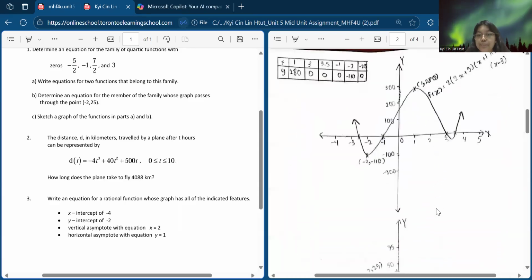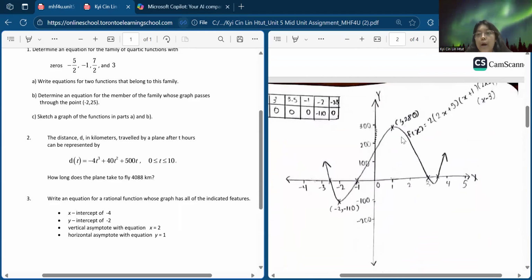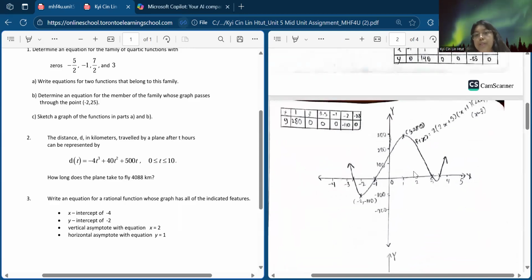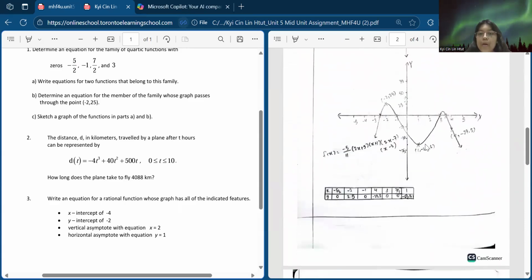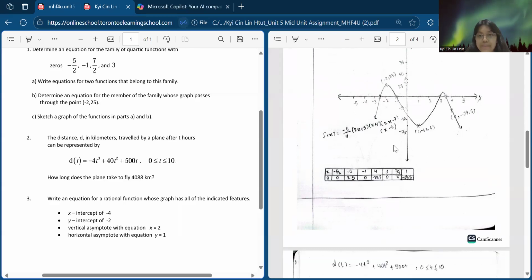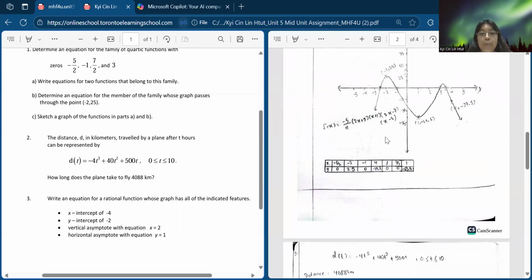But actually, this second graph should be vertically taller than the first graph because its constant a is 2, which means it will be stretched 2 times compared to the first graph. Now, the third graph has a minus. This negative value automatically reflects the graph, and because it is 5/11, it compresses the graph vertically. And this is it for number 1.